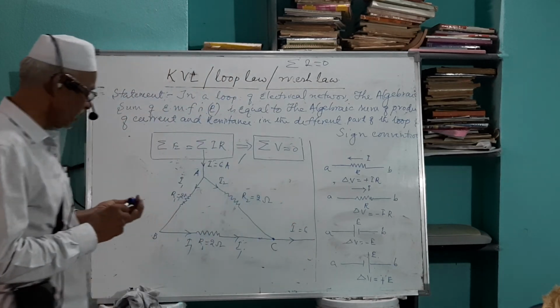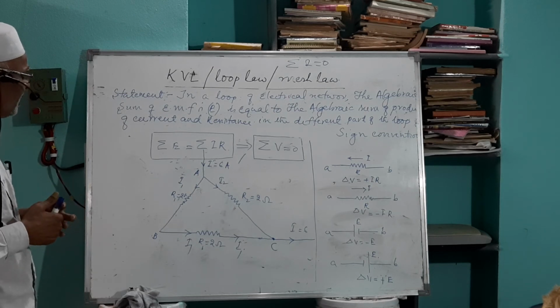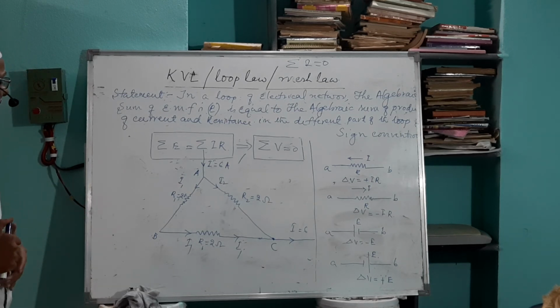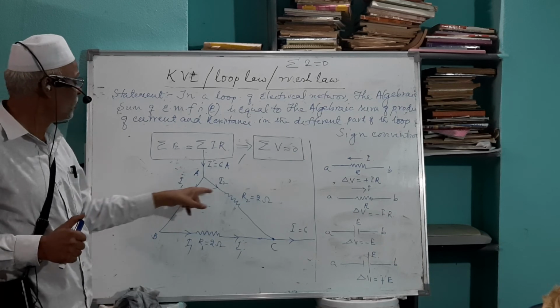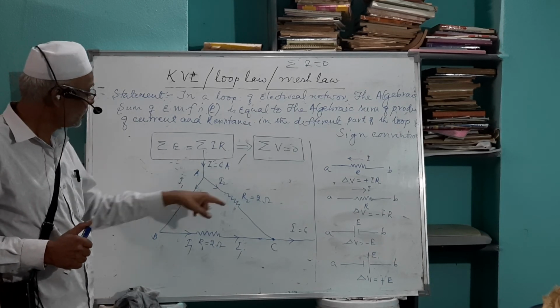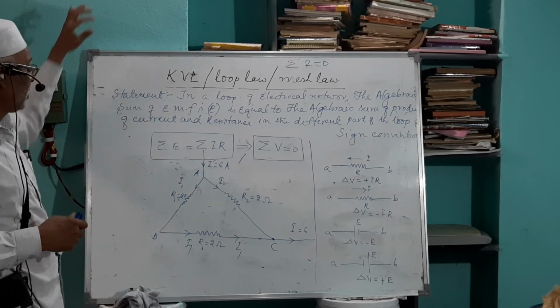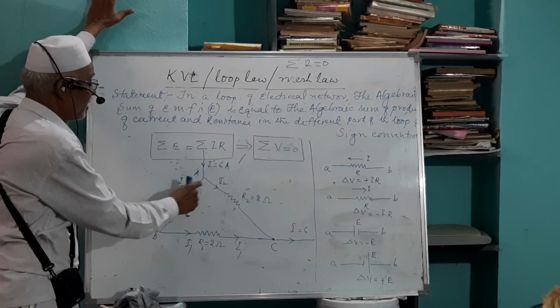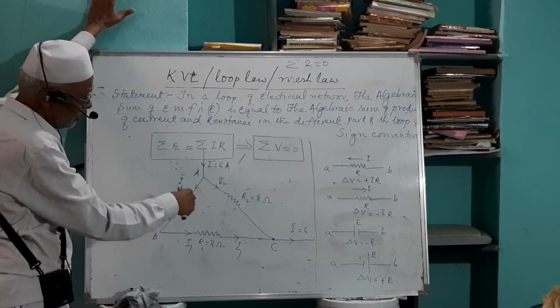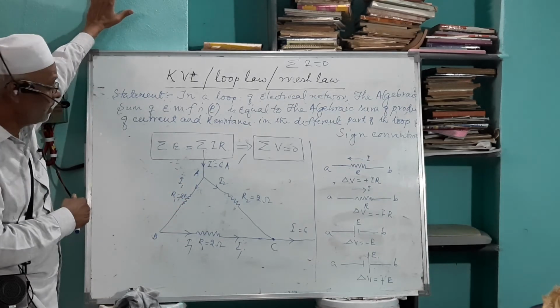These are the two branches of this circuit. Now let us see how to find I1 and I2 by using KVL and KCL.